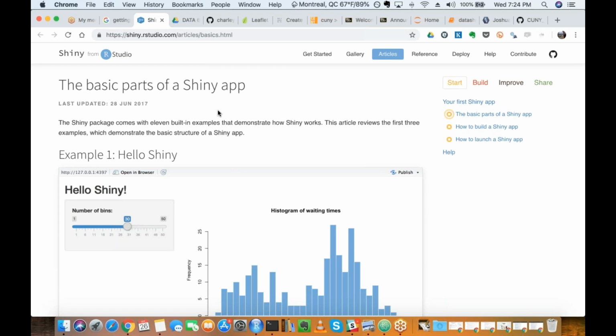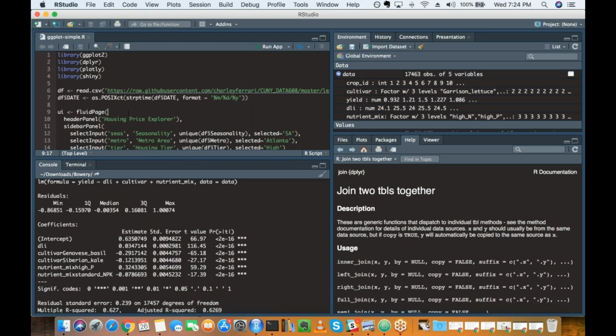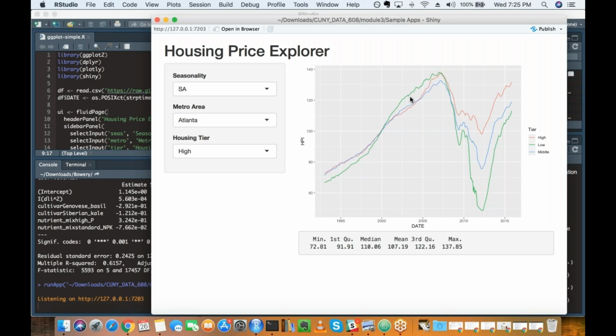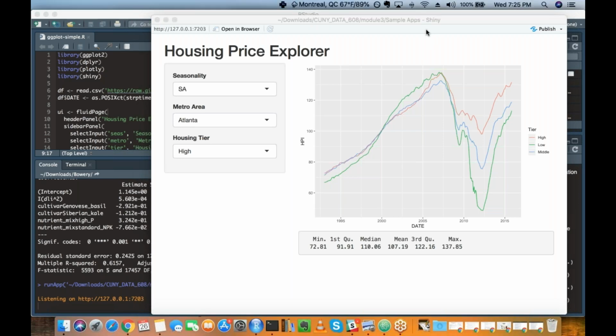RStudio has some pretty good documentation on how to get up to speed with Shiny. To get started, I'm using some sample data here, related to what we were doing before. We're looking at housing prices.